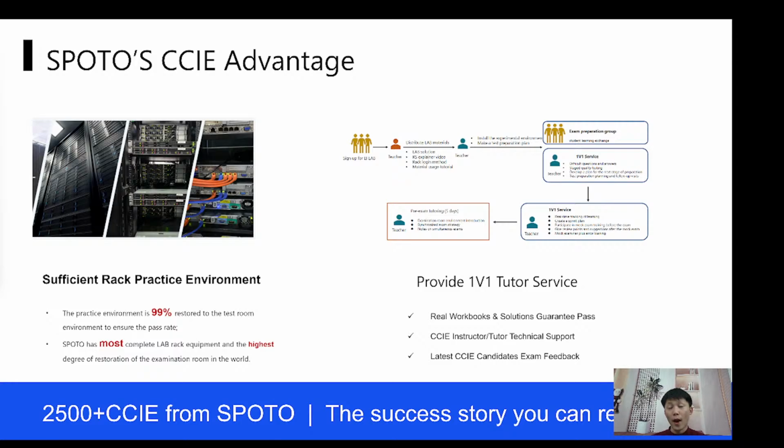We have already made a study arrangement for you. And what's more, I would like to briefly introduce our service process and what you can get if you sign up for our CCIE lab training course.